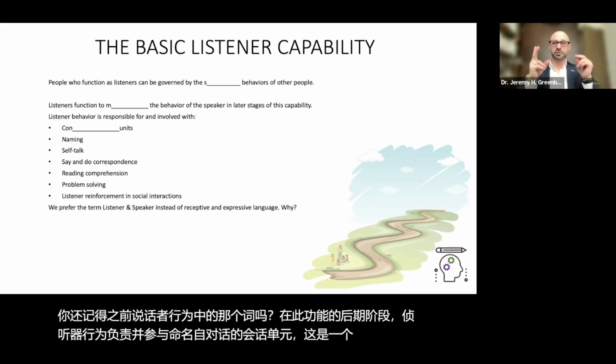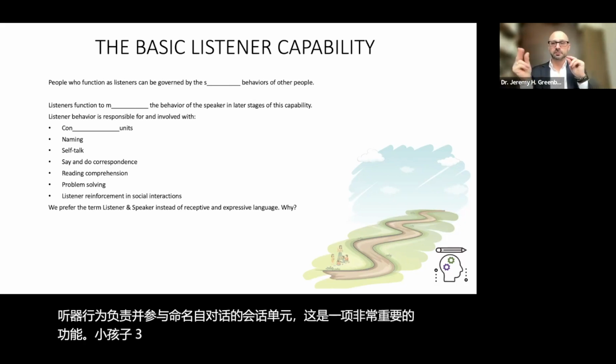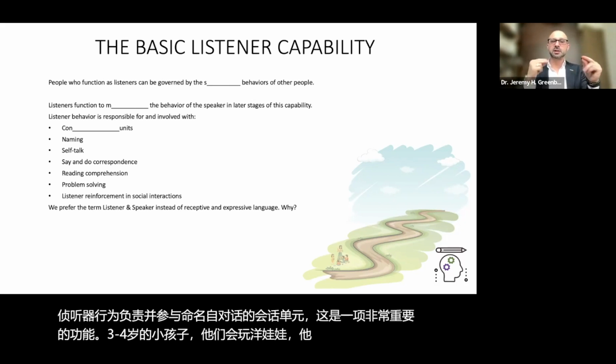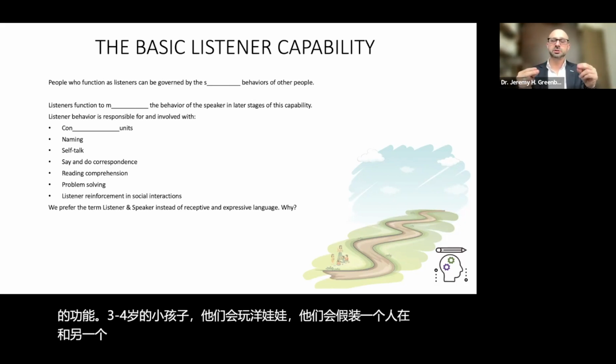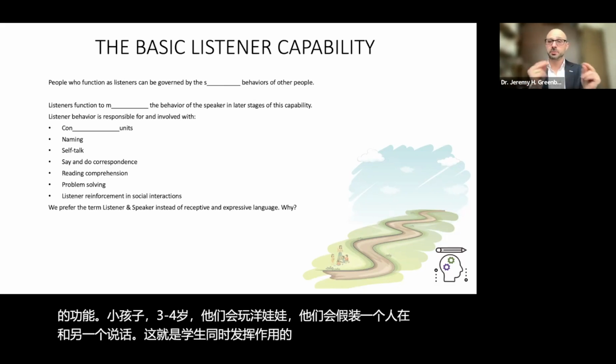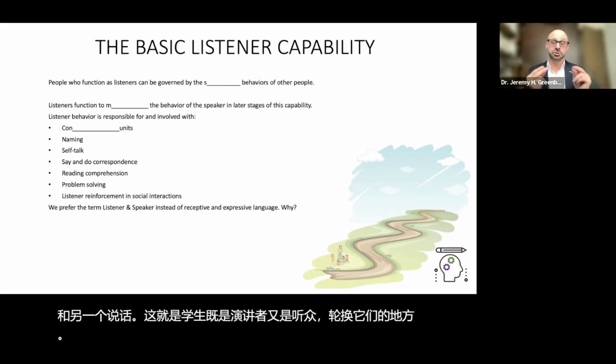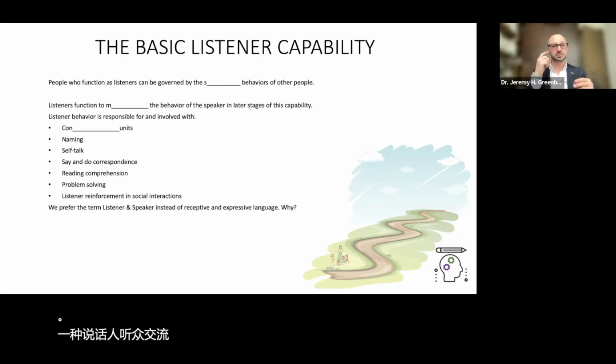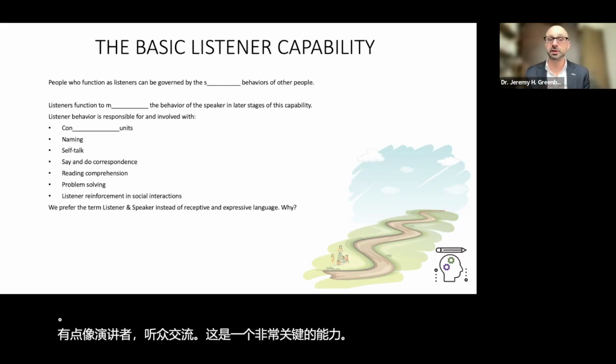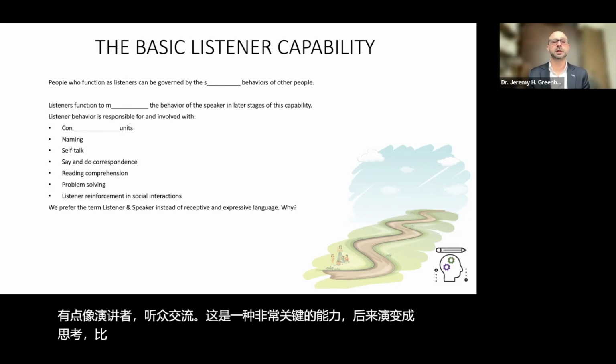Little children, 3, 4 years old, they'll play with dolls and they'll pretend that one is speaking to the other. That's where the student is functioning both as speaker and listener, rotating those speaker-listener exchanges. That's a very critical capacity, which kind of evolves into thinking later. Say and do correspondence, reading comprehension, problem solving, listener reinforcement in social interactions.